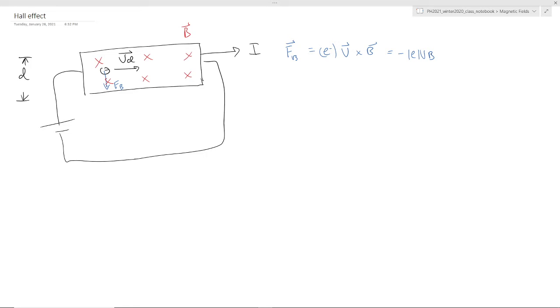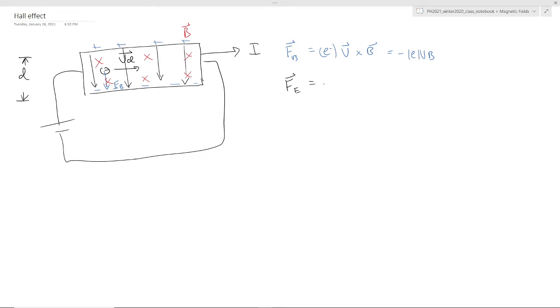Now, what would happen is there would be charge that would accumulate along the edge, or that's one way to think about it. And so this would look like an electric field, and there would be a force due to that as well.